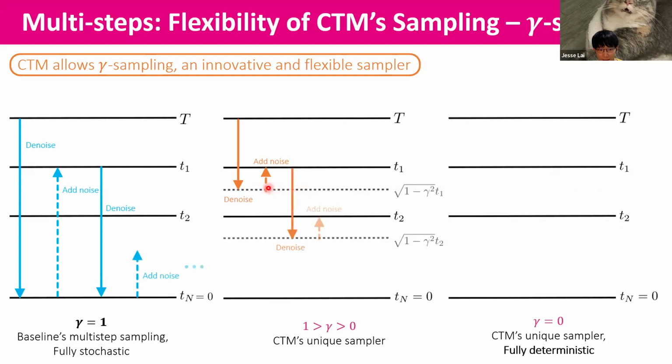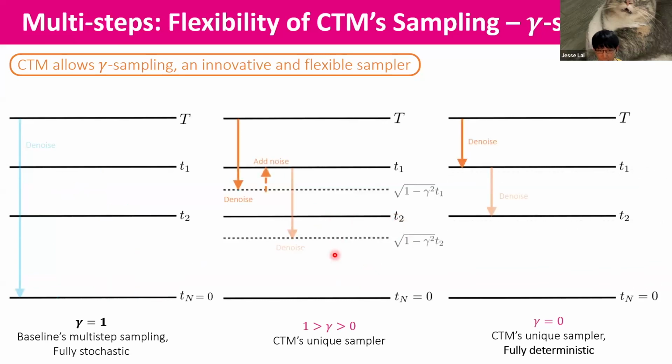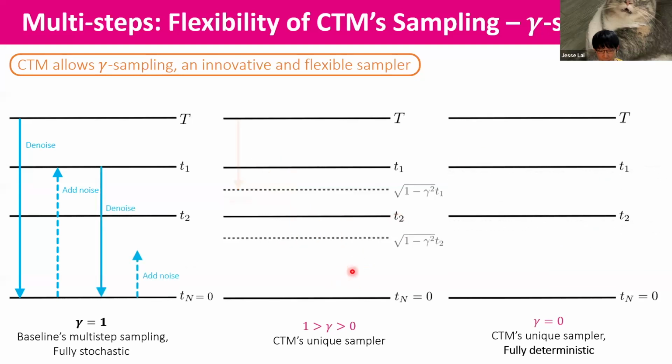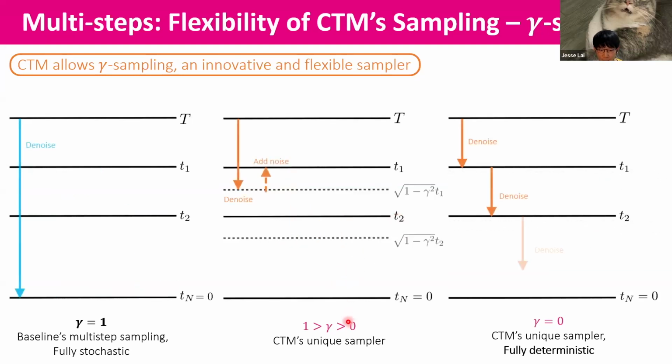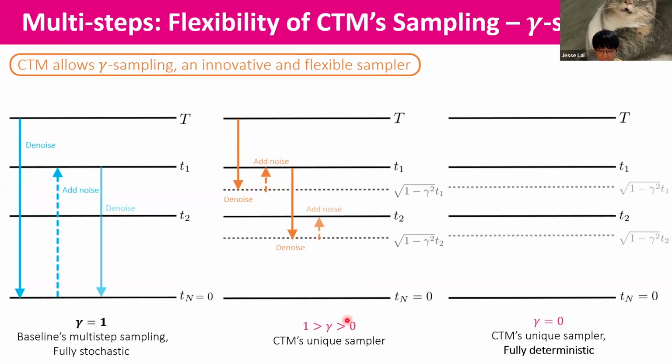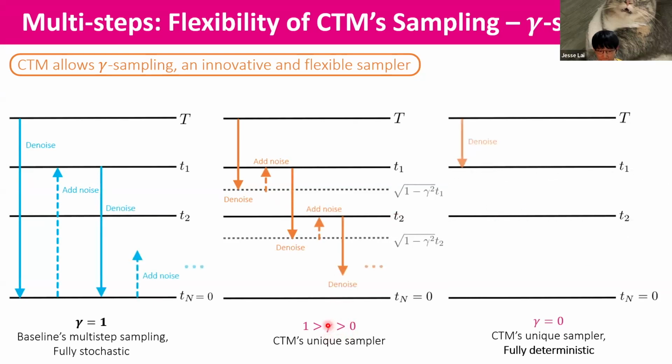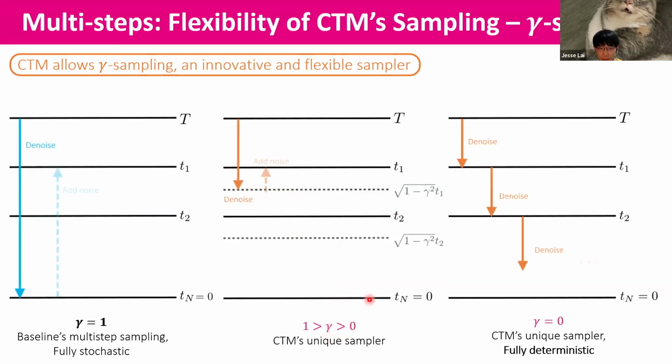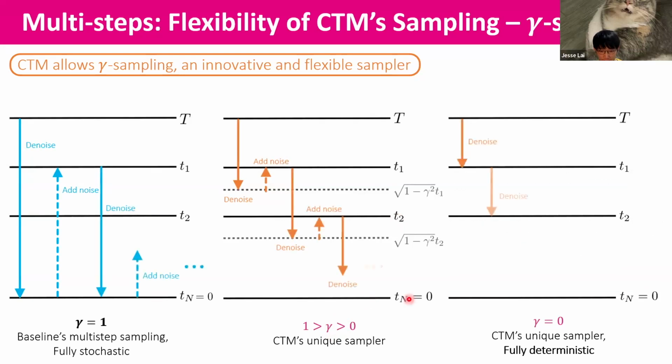Then, similar to CM, we add noise back to the T1 level and denoise it to a much cleaner manifold compared to T2, and then denoise it. Following this process, we have the freedom to choose gamma to decide how much randomness we throw in during the sampling.